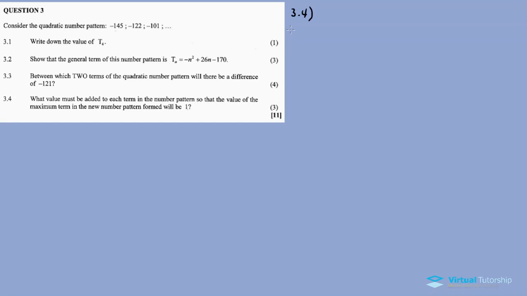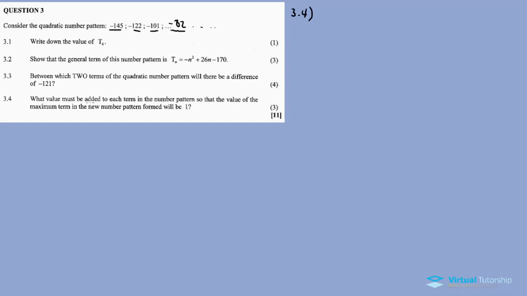What value must be added to each term in the number pattern: negative 145, negative 122, negative 101, negative 82, and it continues all the way up to infinity.